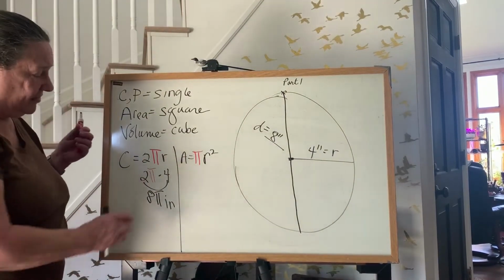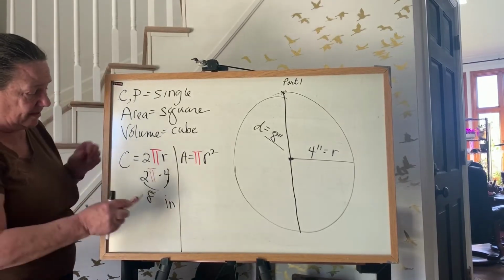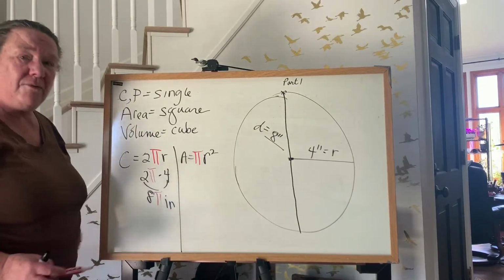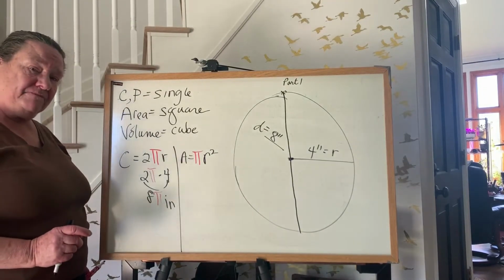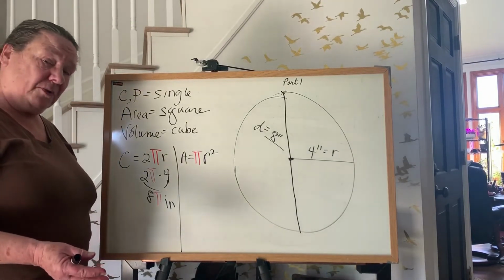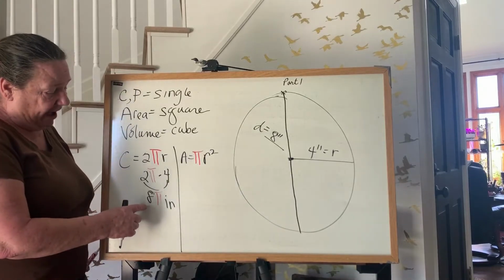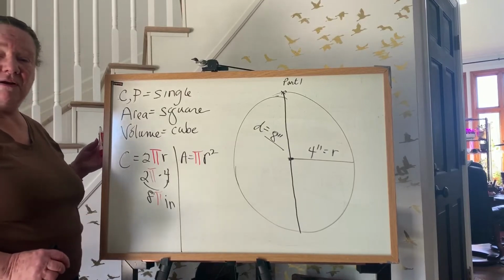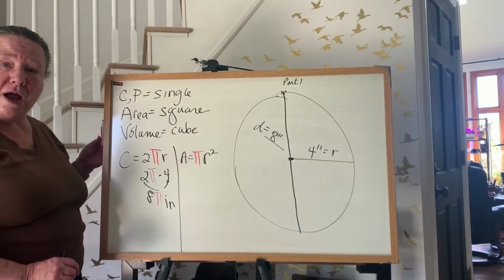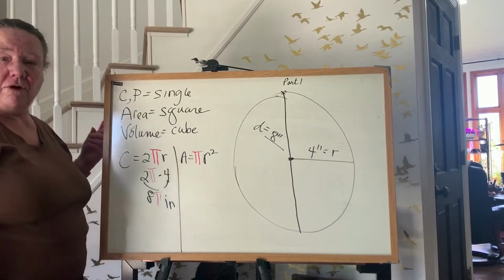Now, why do I want the pi in my answer? Let me put it in red for you. Why do I want that? Because when you take your final exam, most of it's going to be multiple choice. And if I put a 3 in there, you're going to say 24. If I put 3.1, you're going to say 24.8.